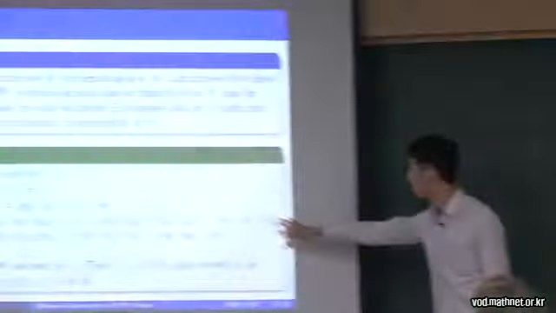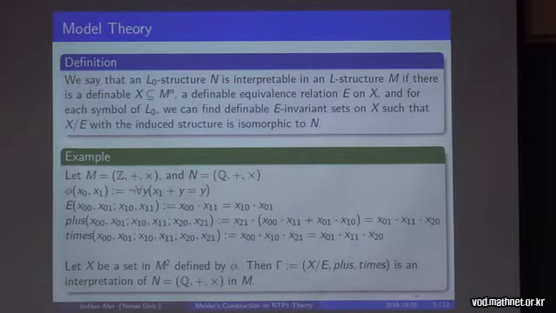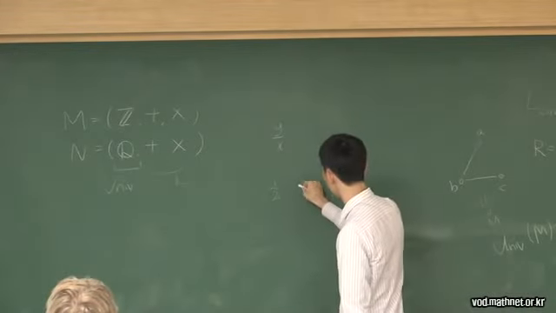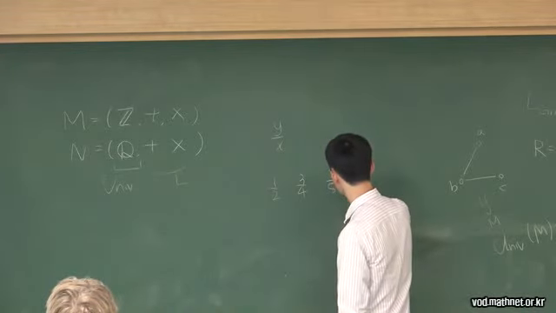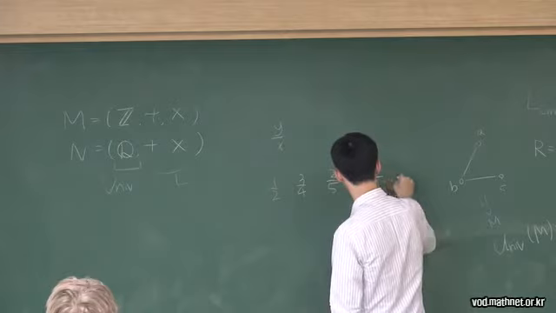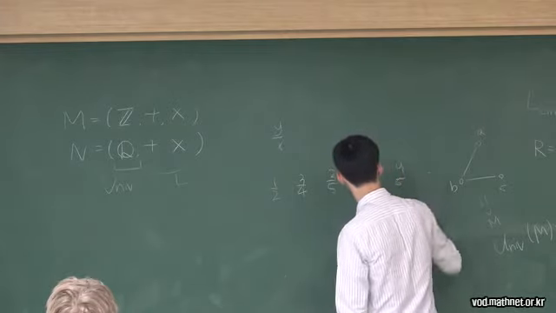So this is about the construction of rational numbers from integer numbers. Rational numbers are constructed as, for example, a half, and so on.